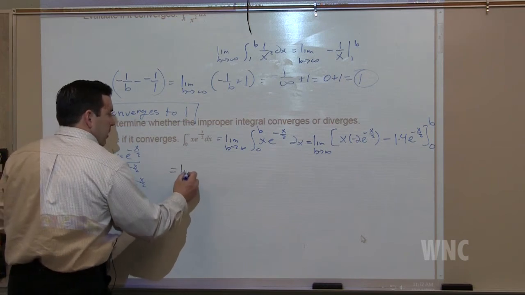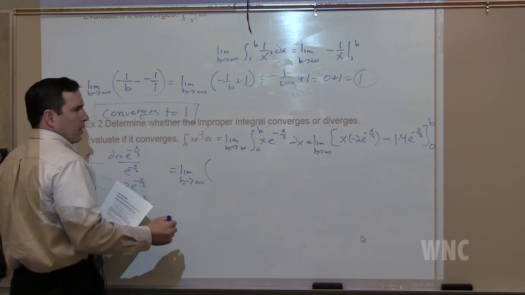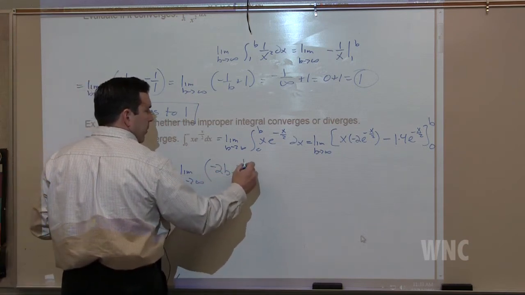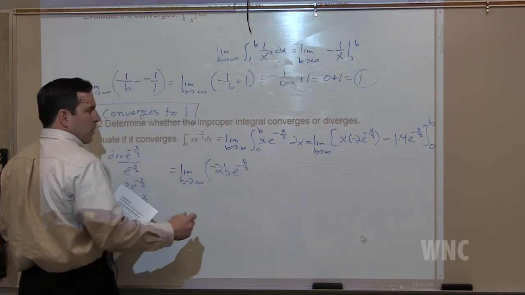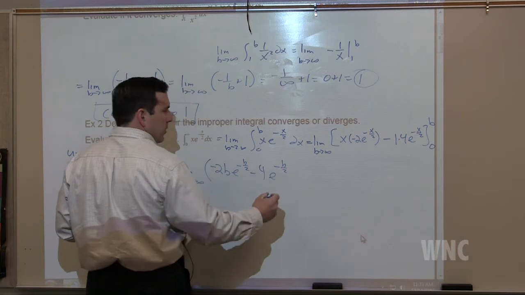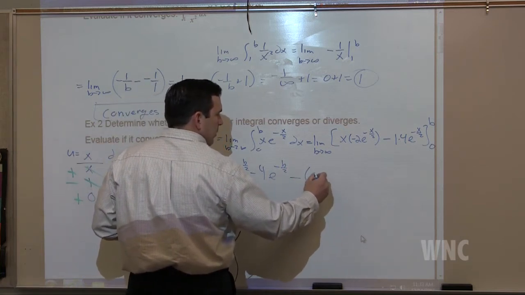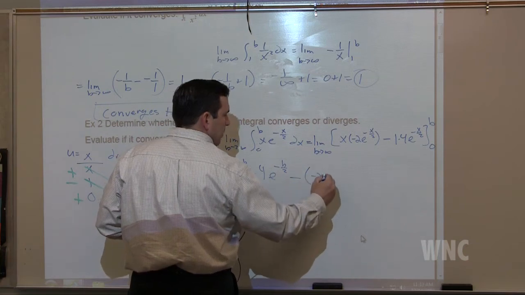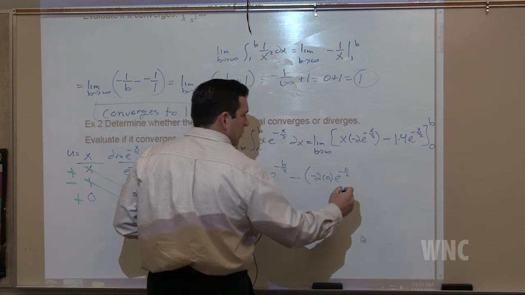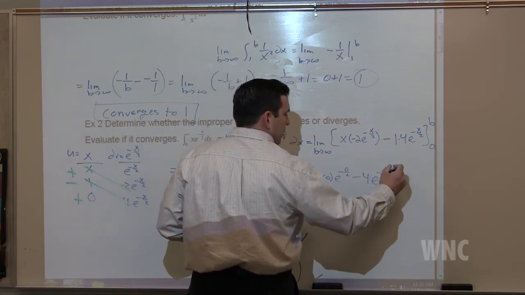So we have the limit as b goes to infinity of negative 2b e to the negative b over 2 minus 4e to the negative b over 2, minus the value at 0: negative 2 times 0 times e to the negative 0 over 2 minus 4e to the negative 0 over 2.